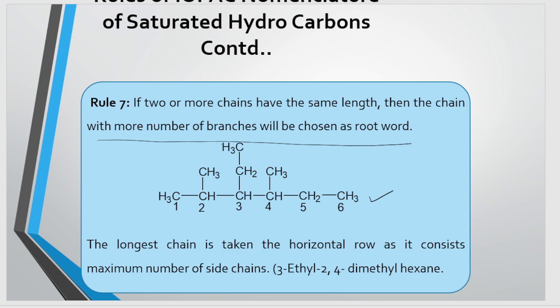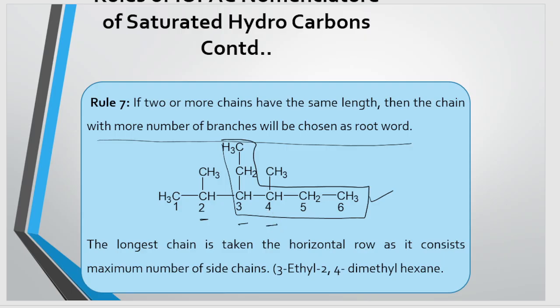There is another option in which there are 6 carbon atoms, this one. But among the straight chain of 6 carbon atoms and this particular 6 carbon atoms, the straight chain one is substituted more. It is substituted at the second position, third position and fourth position.